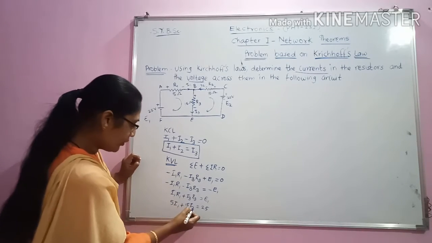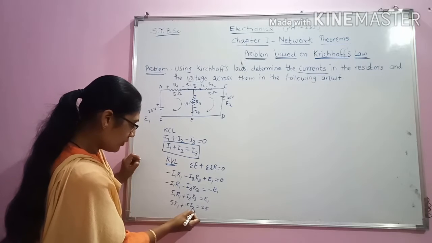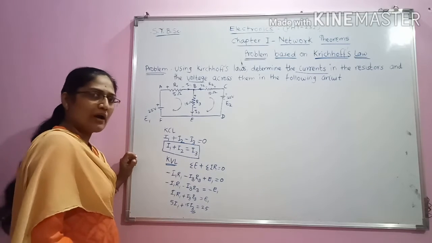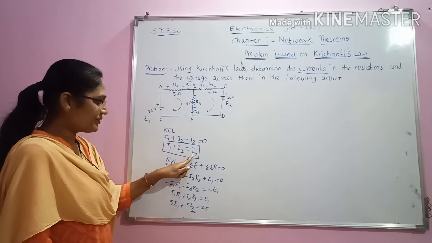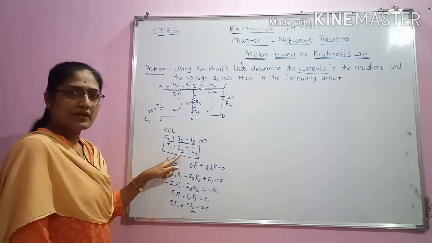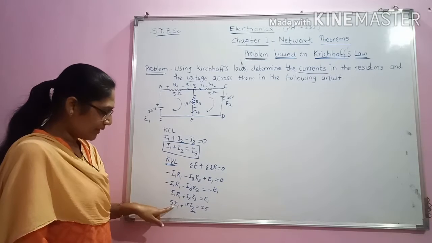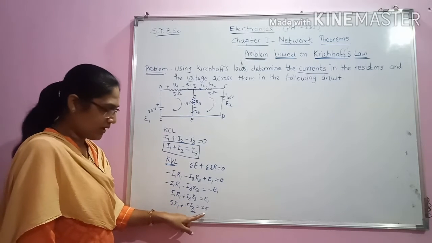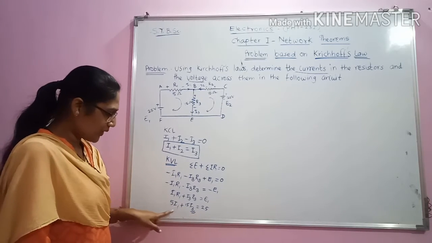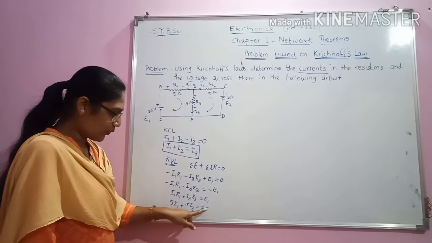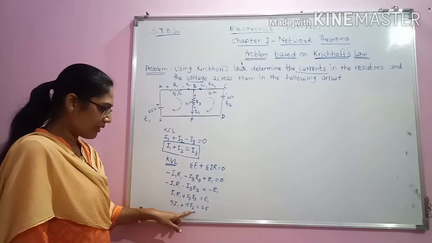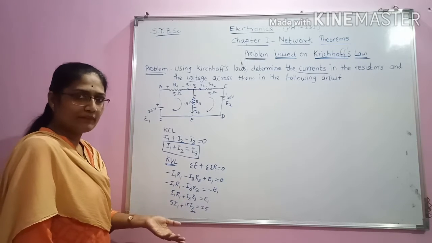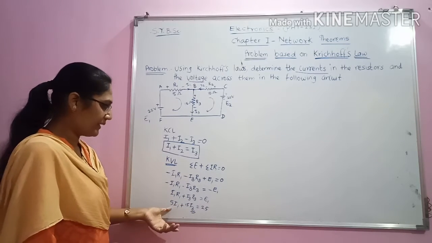Now we know that I3 is I1 plus I2. One can simplify this equation here only. Simplifying the equation means we divide it throughout by 5, or we substitute the value of I3 and in the second step simplify it.